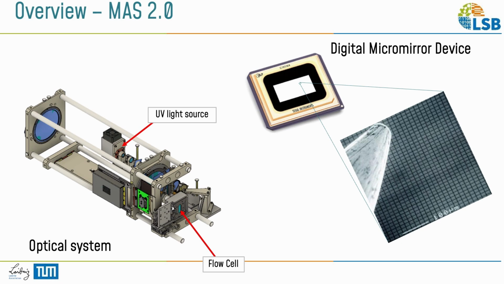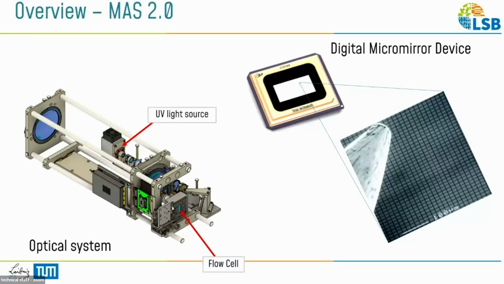So the heart of our synthesis system is a digital micromirror device, which is made of more than 2 million controllable mirrors. As you see the size of the mirrors, each of them can be turned on and off.